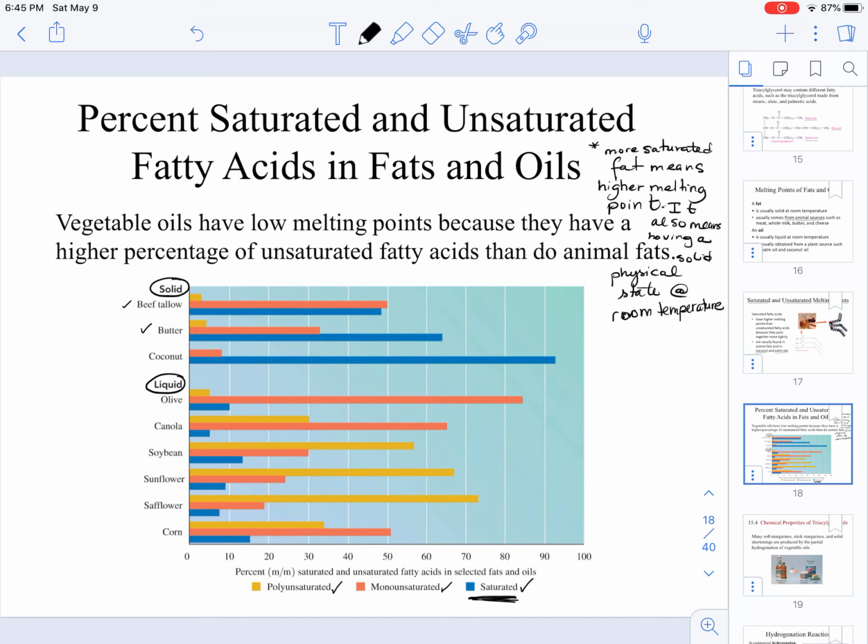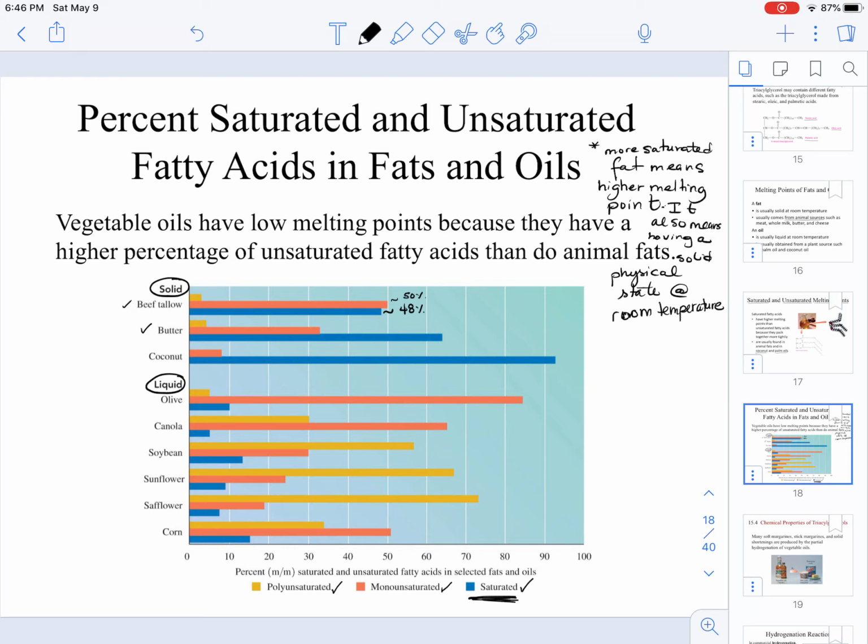If we look at this graph, we can see that, for example, beef tallow is going to have around 48% saturated fat, and it has around 50% monounsaturated fat. So having that high percentage of saturated fatty acids in the triacylglycerol gives it a solid consistency.